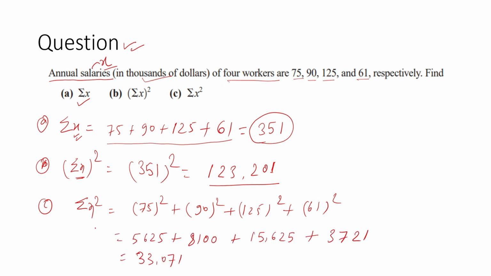After squaring these all, we get 75 square which is 5625, 90 square which is 8100, 125 square which is 15,625, and 61 square which is 3721. And after doing the addition we get the final answer. So in this way we can solve various summation problems.